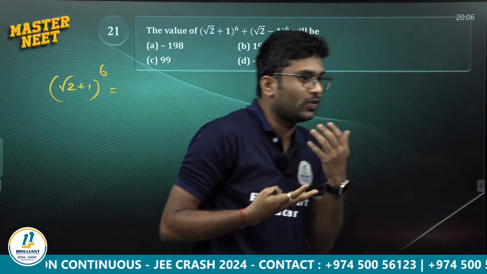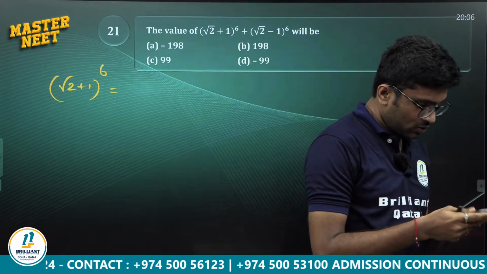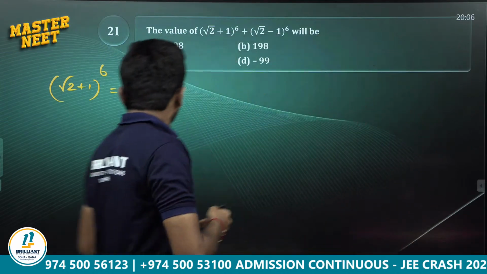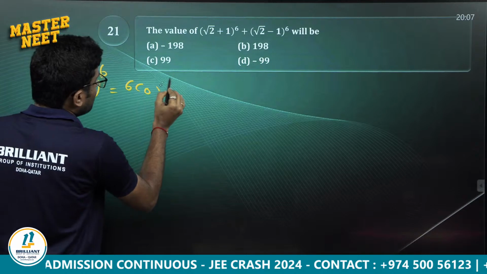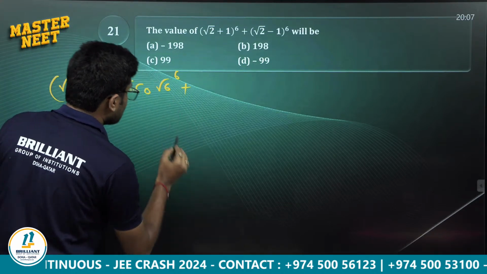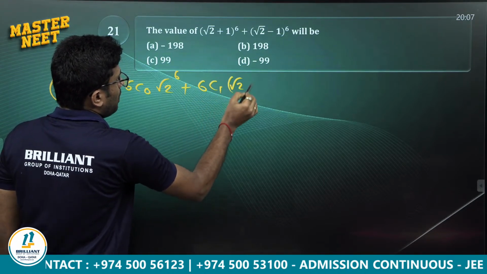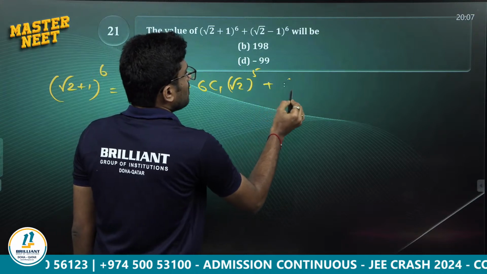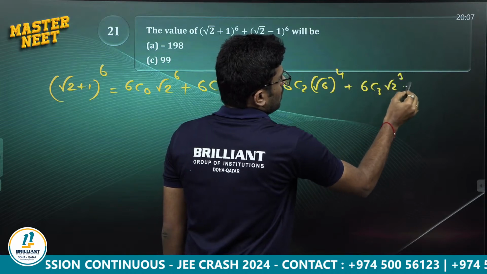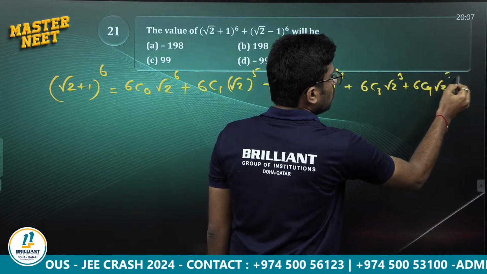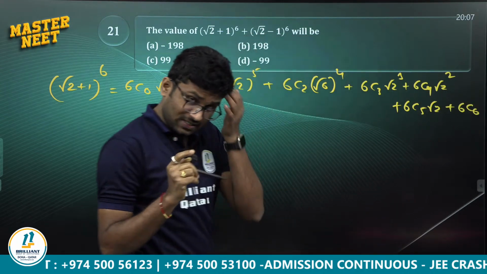So (root 2 plus 1) whole power 6 can be expanded as 6C0 into root 2 power 6, plus 6C1 into root 2 power 5 into 1, plus 6C2 into root 2 power 4, plus 6C3 into root 2 power 3, plus 6C4 into root 2 power 2, plus 6C5 into root 2 power 1, plus 6C6 into root 2 power 0, that is 6C6 only.